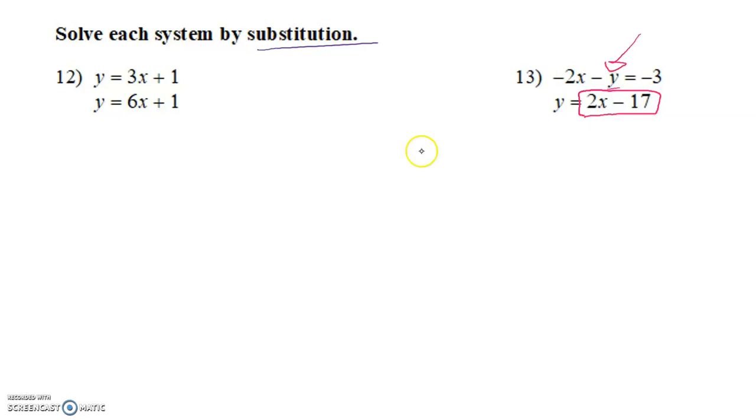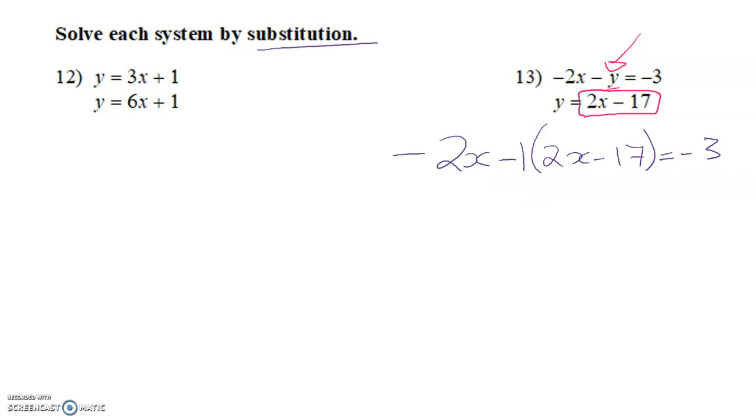So I end up with negative 2x minus (2x minus 17) equals negative 3. Now I've put that in a bracket because this negative here means that this whole bracket actually has to be multiplied by negative 1. For visual learners, you might want to add this 1 in here to assist you.